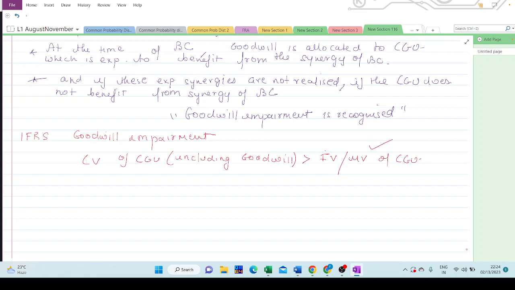This is the market value of the CGU, right? So if the carrying value of the CGU is greater than the fair value of the CGU, then goodwill impairment is recognized and impairment loss is recognized.